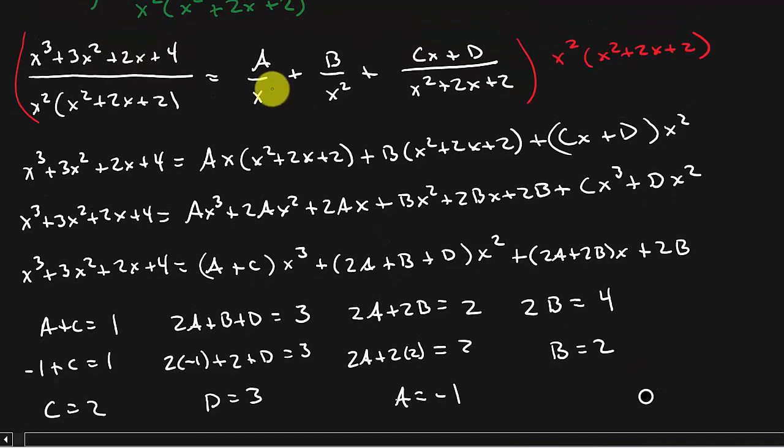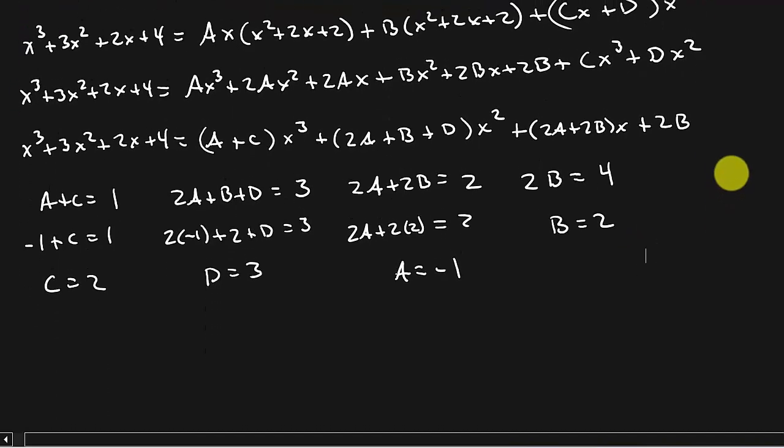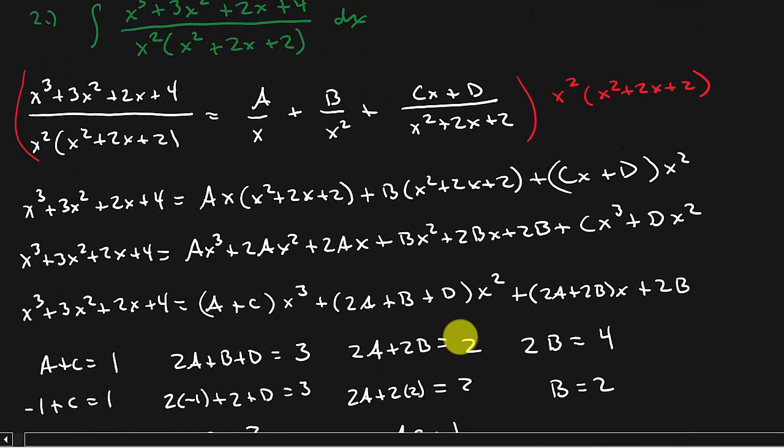Now let's plug everything into here. So this is going to be a is negative 1, so that's negative 1 over x dx plus 2 times, yeah, 2 times 1 over x squared dx. See?